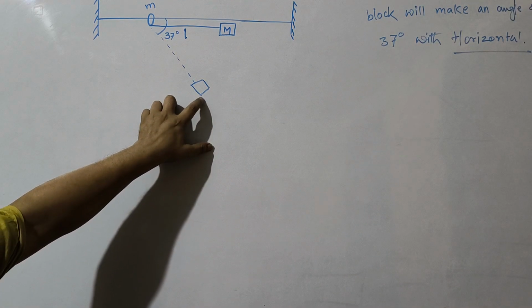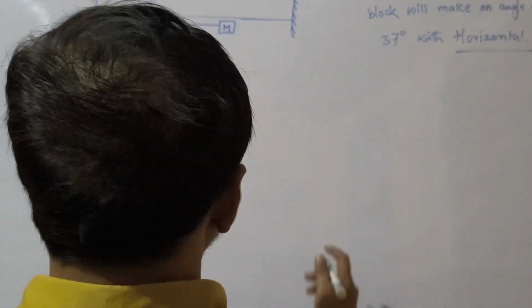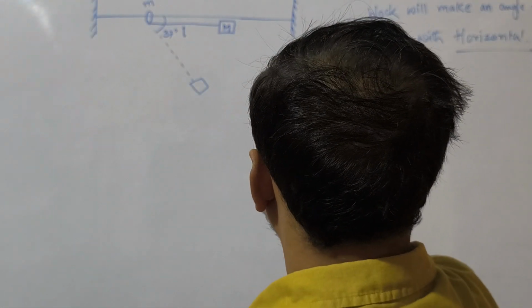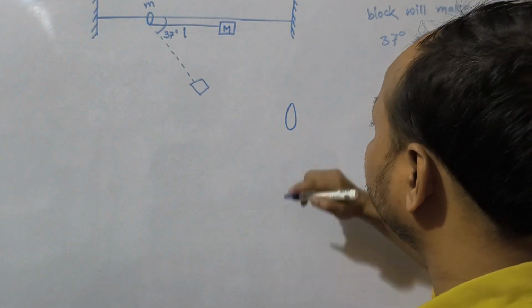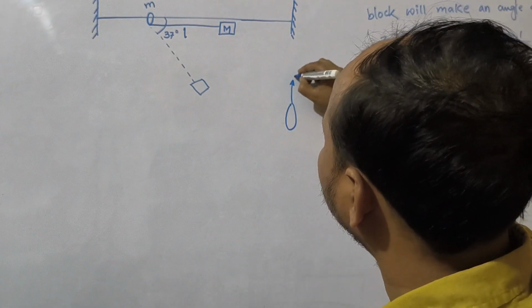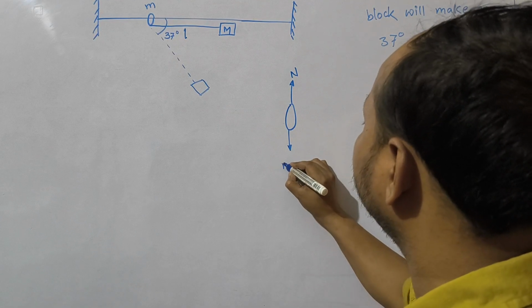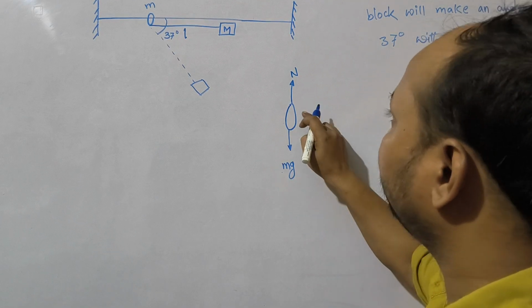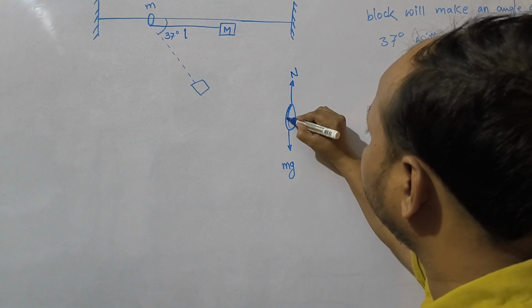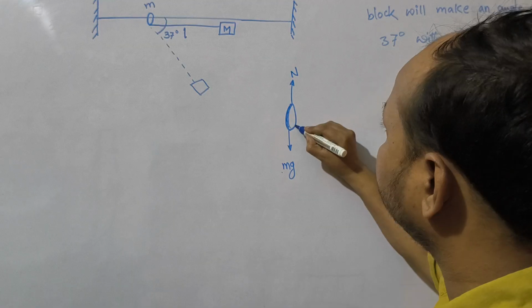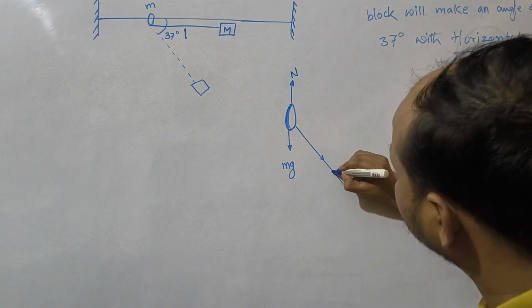At this position I am drawing the FBD diagram. See, this is the ring. If the surface is smooth, then no need to show the friction. So this will be the normal. This will be the mg. I am assuming small m for the mass of the ring, or bead. Now this is the tension in the string.